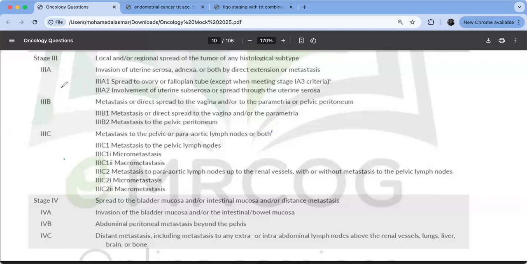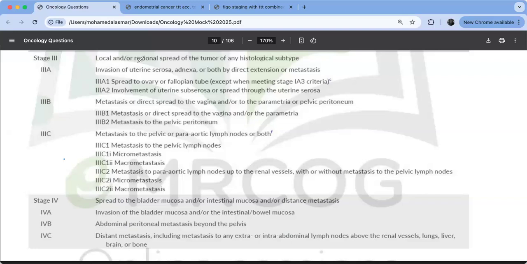Why? Because it's already stage 3, so here we don't speak about the tumor type or tumor behavior. It's already spread, correct? So the management will be surgery plus adjuvant.